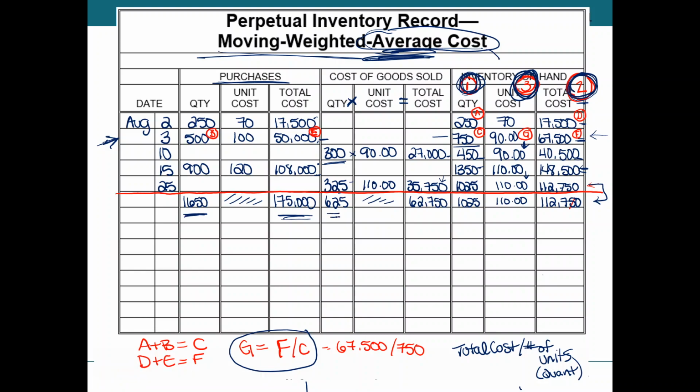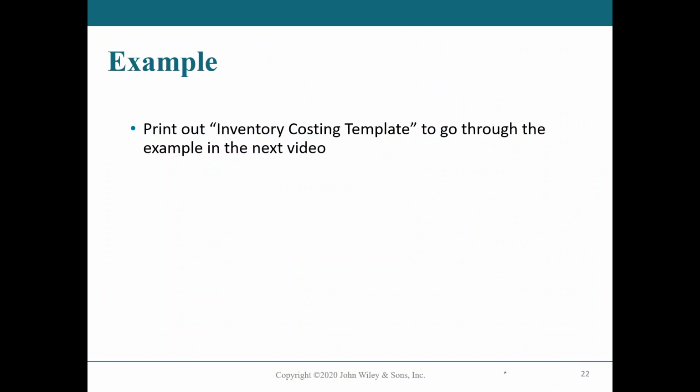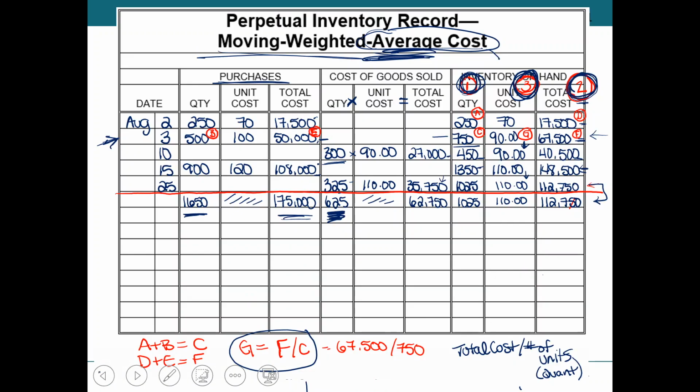Well, obviously your quantity is going to stay the same because no matter how you track it, you still sold the same number. So your quantity doesn't change, but we definitely have a different dollar value. So here, our cost of goods sold is equal to 62,750. So a different amount, and that's what will differ when you use these different systems.